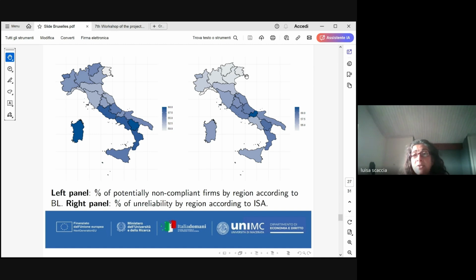We have also Friuli Venezia Giulia and Liguria, which in both ratings are among the 5 least affected regions. And we can also see Valle d'Aosta, which presents a higher level of evasion compared to the other regions in the north. So there is a quite high correlation, above 50% Pearson correlation, between these two rankings.